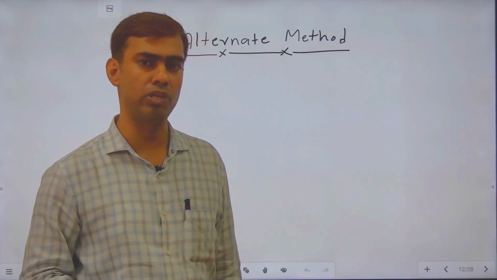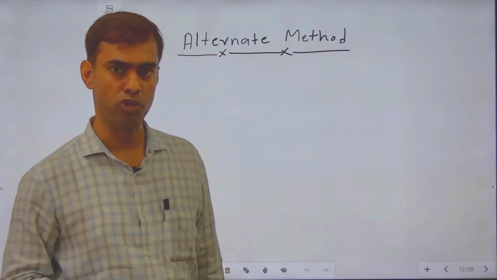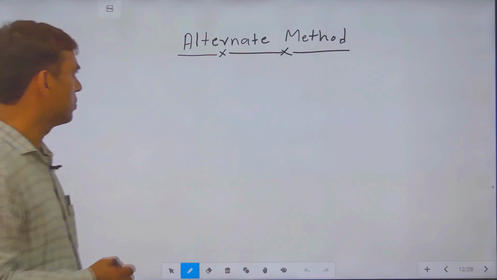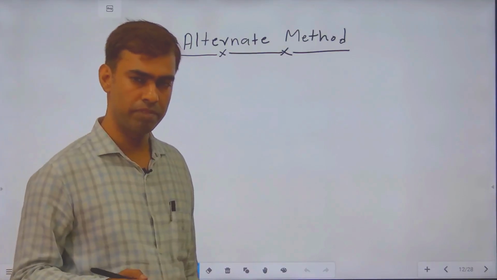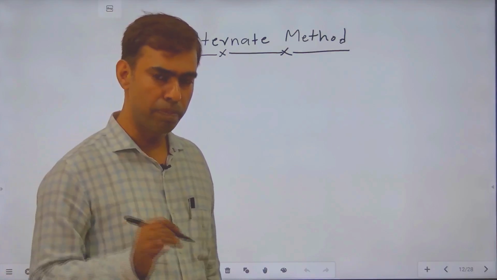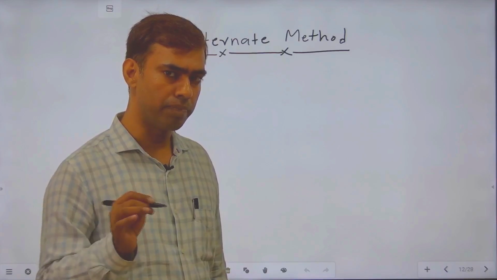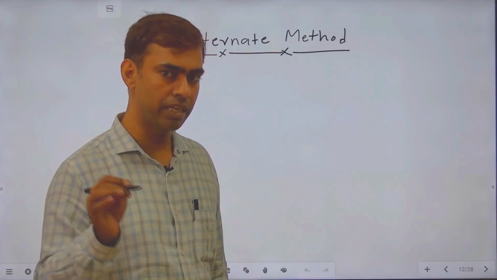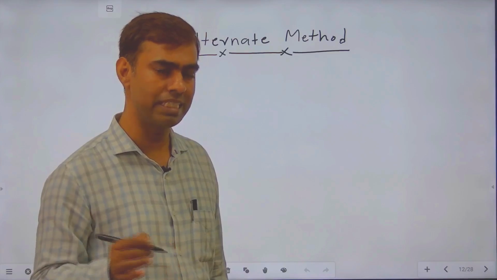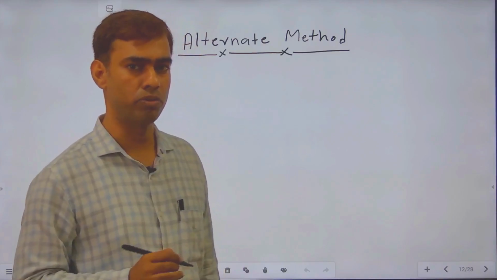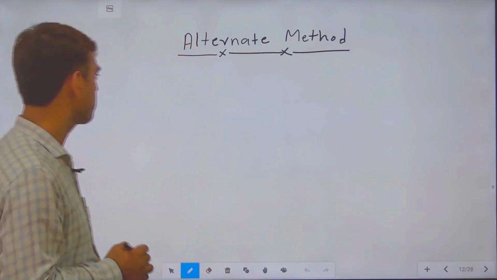As we discussed, the cubic spline function has the property that f(x), f dash x and f double dash x are continuous at internal nodes. So we use this property.